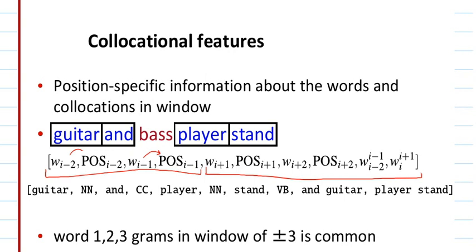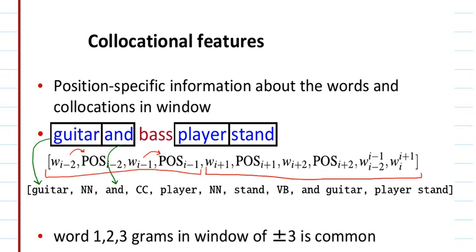This is the POS tag of word i minus 2. Similarly we have also included the part of speech tags. So for this example, what is the feature vector that is generated? At position of word minus 2 I am getting the word guitar. At position W minus 1 I am getting the word and.